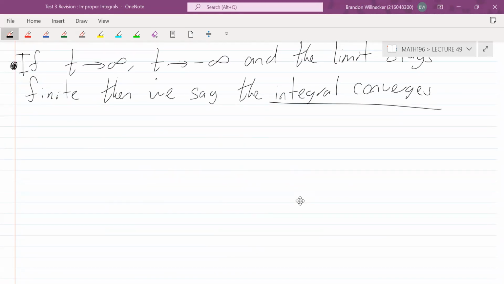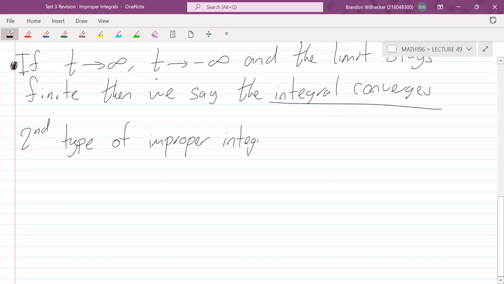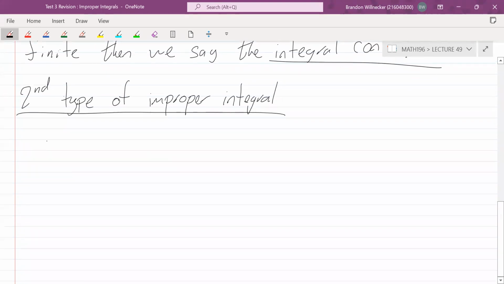The second kind is if we have some sort of discontinuity in the interval. For the second type, you can think of the following picture.